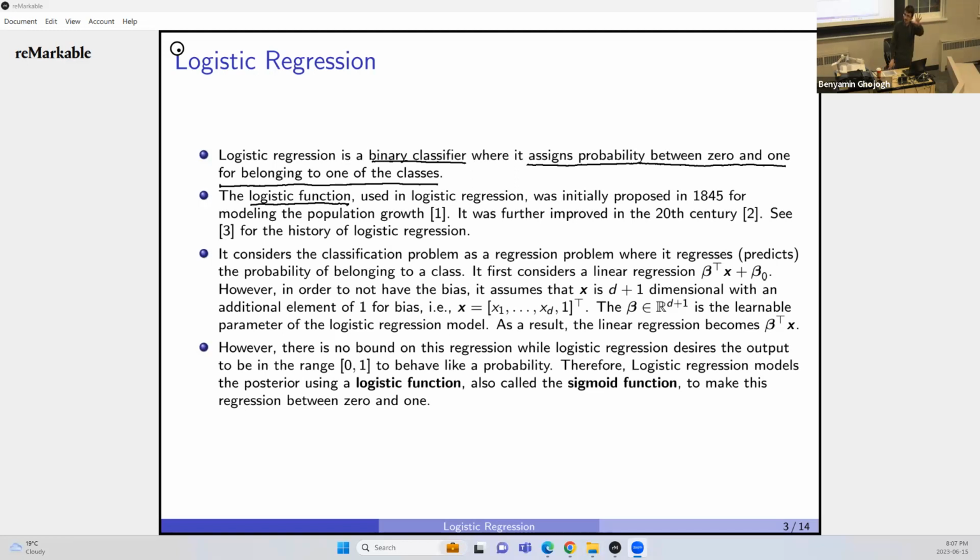So logistic regression uses a function named the logistic function. The logistic function was initially proposed in 1845. Very old. For what? For modeling population growth. Why? Because as we see, this is the logistic function. Why is it good for population growth?